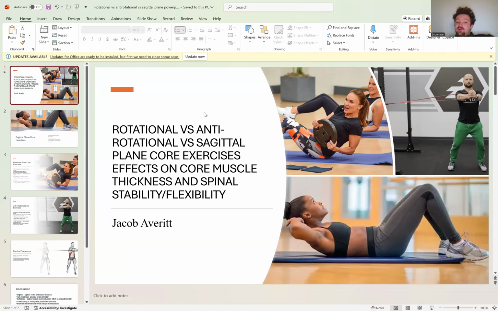So I added in anti-rotational, and I feel like that gave me much more of a perspective on programming properly, right? Because you would use anti-rotational before the rotational movements. So I feel like that was a great move for me. Ups and downs like any research, but overall, I'm happy I did this.